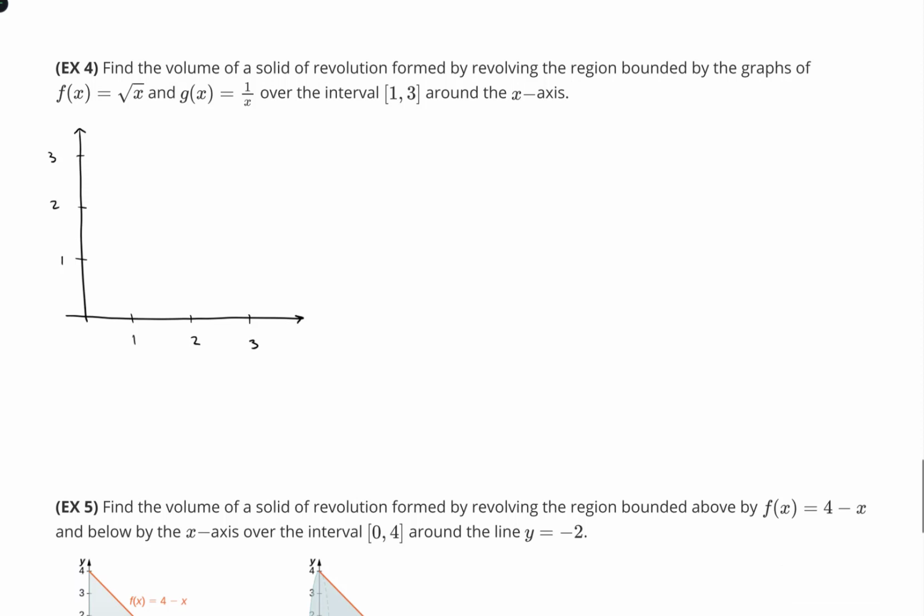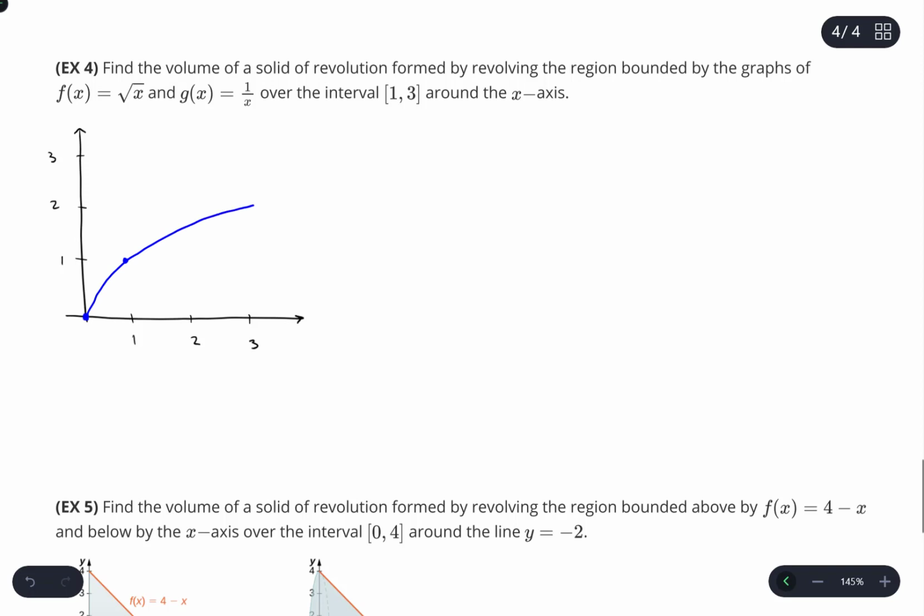Okay, the square root of x. So that is going to have this kind of shape right here. I don't need to be terribly accurate with it. I'll just do my best there. That's fine. And then 1 over x in just quadrant 1, of course, we have horizontal and vertical asymptotes.